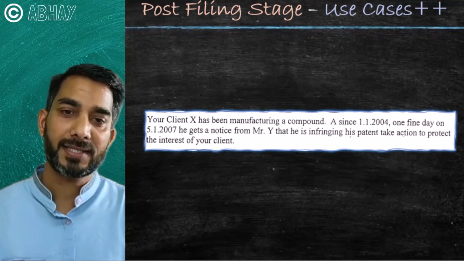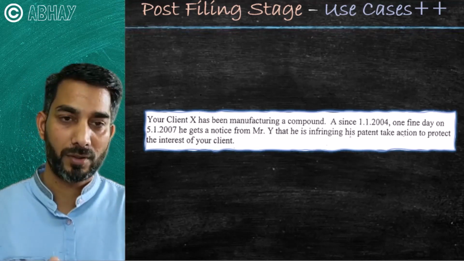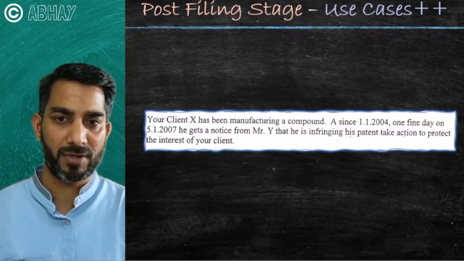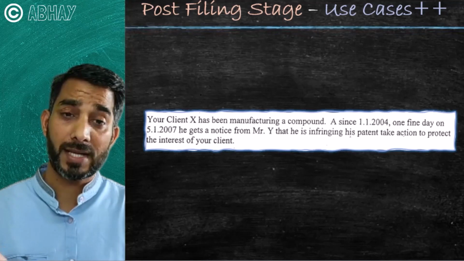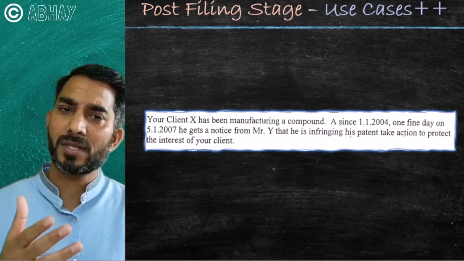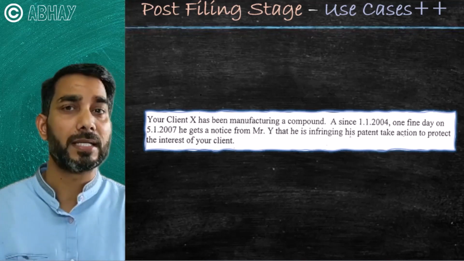Your client X has been manufacturing a compound since 1/1/2004, but one fine day on 5th January 2007, he gets a notice from Mr. Y that he is infringing his patent. Take action to protect the interest of your client. Now, in this case, we are actually not sure when the patent was granted.